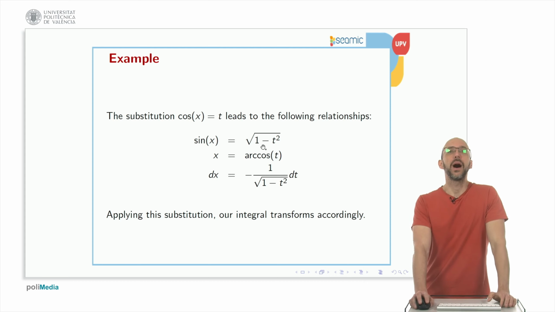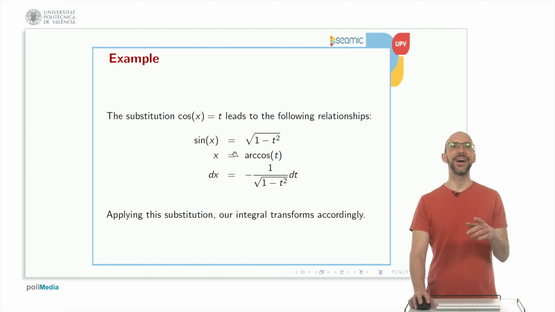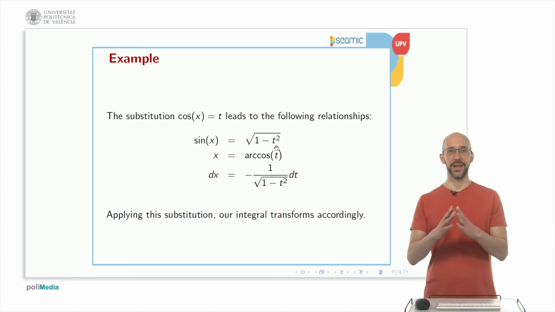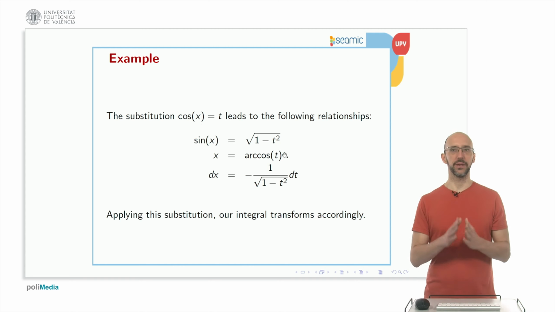So, how are we going to deal with this? Sine of x equals the square root of 1 minus t squared. Now, if we solve for x from this substitution, x becomes the arc cosine of t. Please remember that the inverse function of a trigonometric function like sine or cosine is not 1 over sine or 1 over cosine.